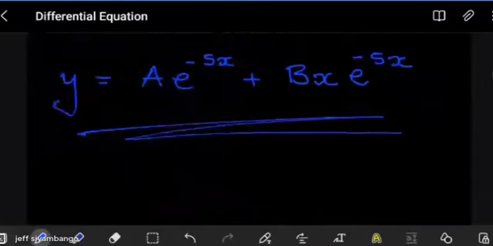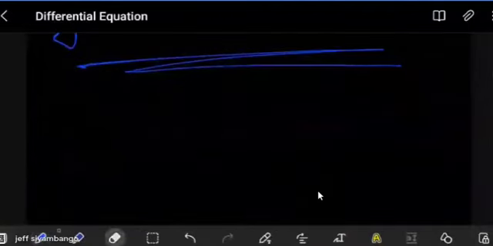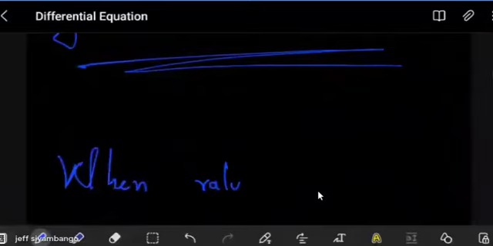So the last part is for when the values of m turn out to be complex. So let's consider when the values of m are complex.